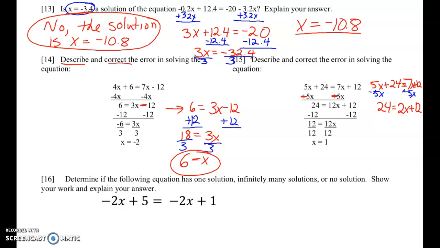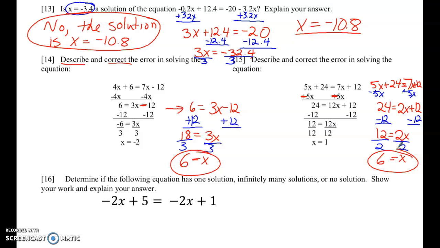Then you're going to move your constant, minus 12, minus 12. That's going to leave you with 12 equals 2x. Then we divide. Divide by 2, divide by 2. And that's going to leave you with x equals 6. And so that would get us to the right answer.